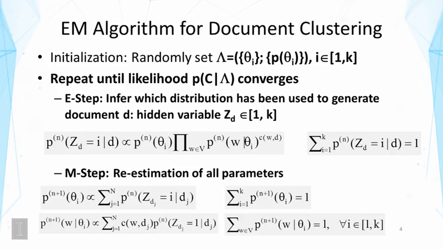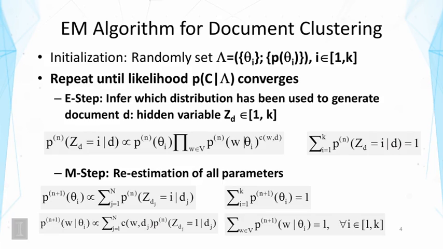Right? And then in the M step, we're going to re-estimate all the parameters based on the inferred Z values, or inferred knowledge about which distribution has been used to generate which document. So the re-estimation involves two kinds of parameters. One is P of theta, and this is the probability of selecting a particular distribution. Before we observe anything, we don't have any knowledge about which cluster is more likely. But after we have observed these documents, then we can collect the evidence to infer which cluster is more likely.